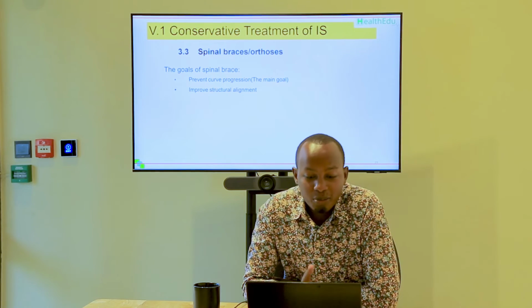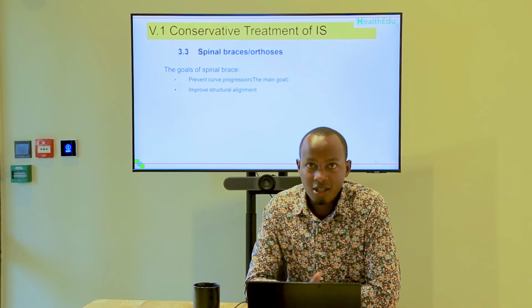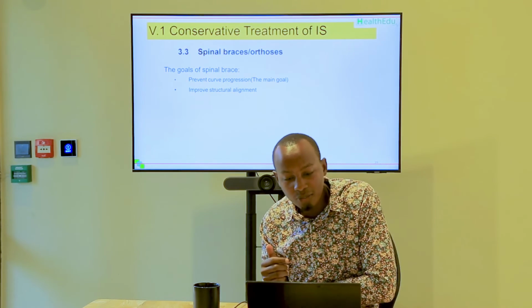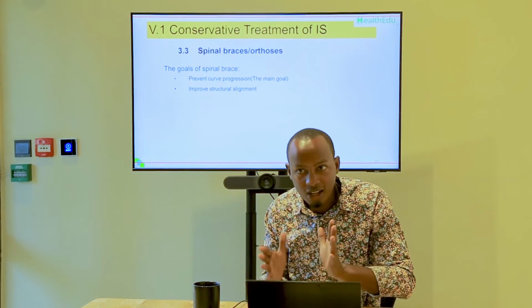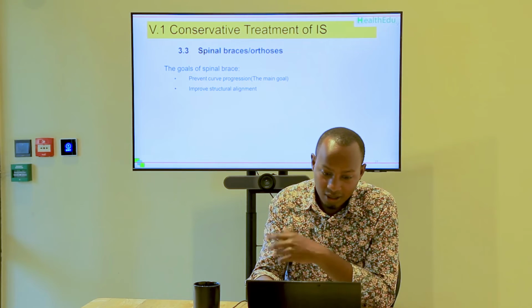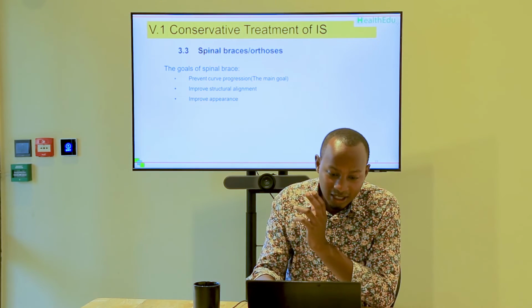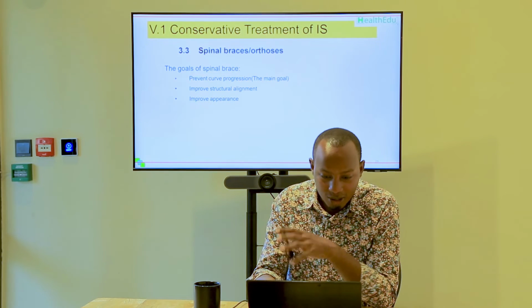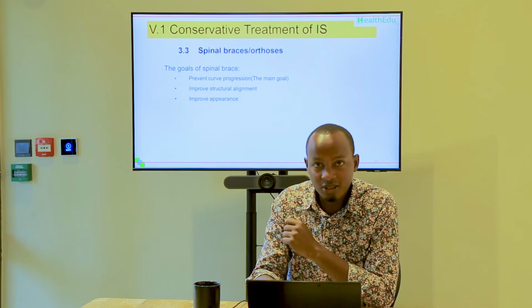The second one is improved structural alignment. If the patient is using a brace, the patient is no longer bending on the side. We have to realign the trunk. The third goal is the appearance of the patient. This brace improves the appearance of the patient.